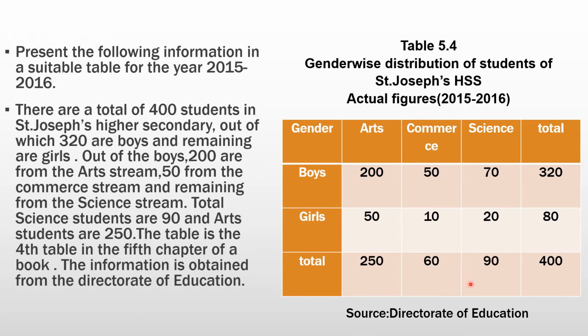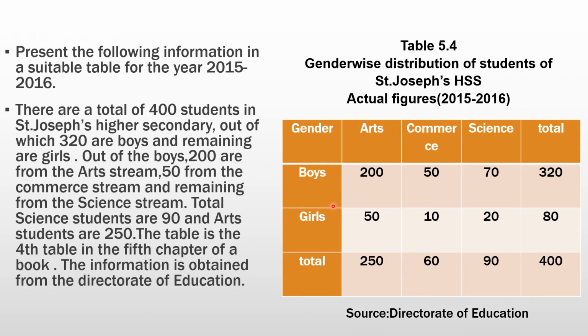If the total science students are 90, then 90 minus 70 will give you the number of girls in the science stream. The total arts students are 250, and you know that the boys were 200, so 250 minus 200 will give you the number of girls in the arts stream. That's how we filled up the numerical data in the body of the table.